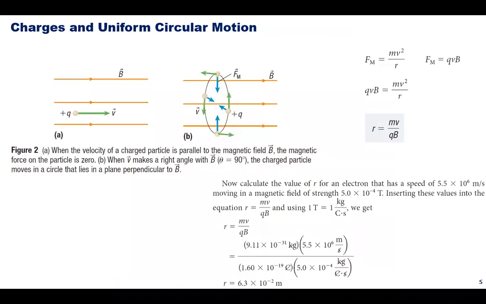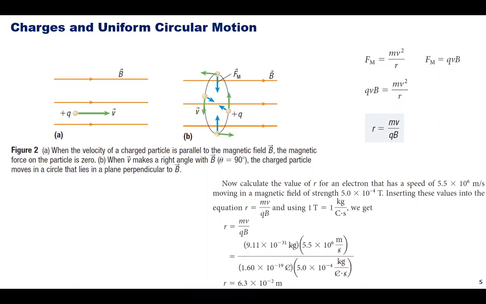Okay, so now let's have a look at charges and uniform circular motion. To understand how a mass spectrometer works, we first need to understand how a directional force affects the motion of an object. In this case, a charged particle. Okay, consider the direction of a magnetic force, Fm, and how this force affects the motion of a charged particle.